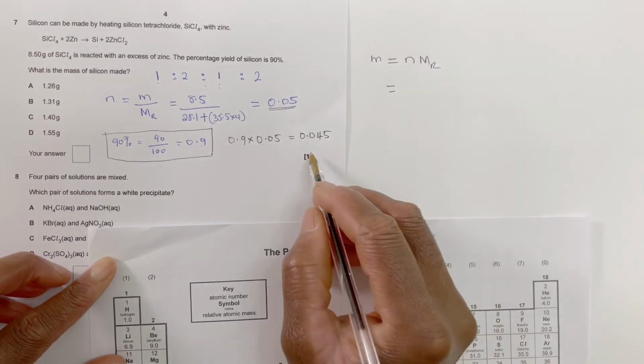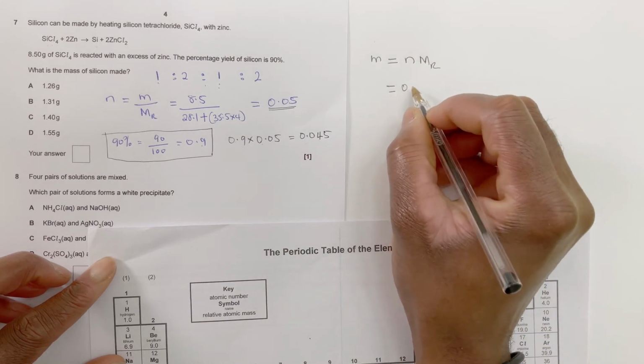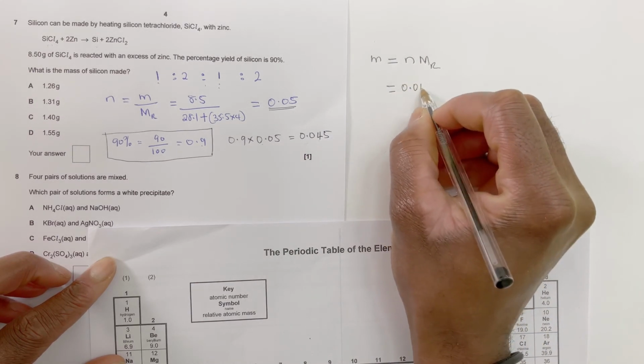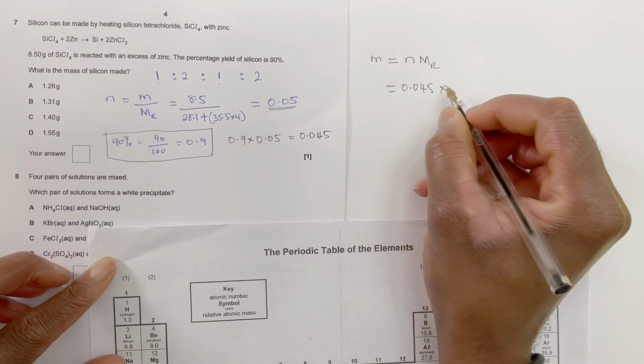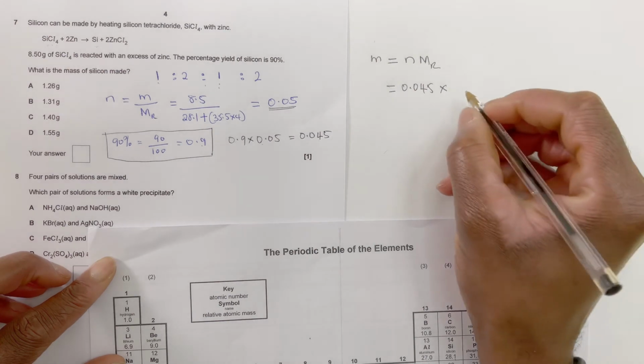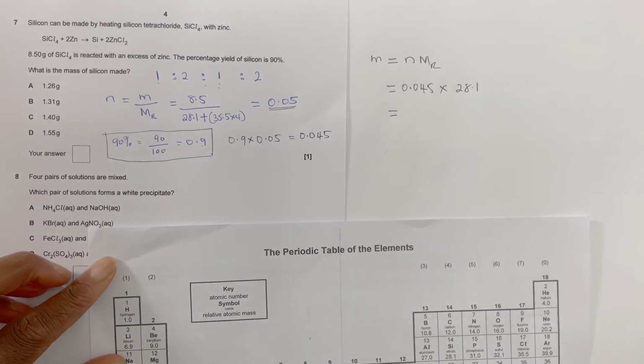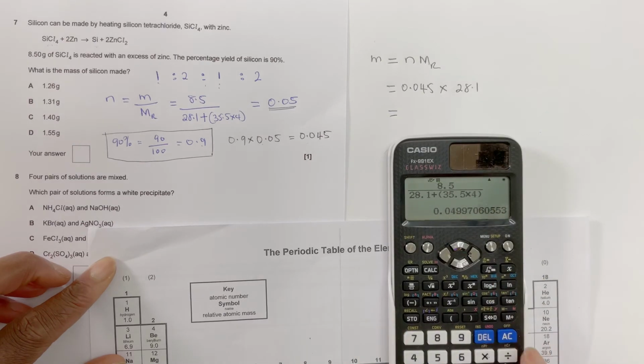The moles at 90% is 0.045, times the relative molecular mass of silicon, which is 28.1.